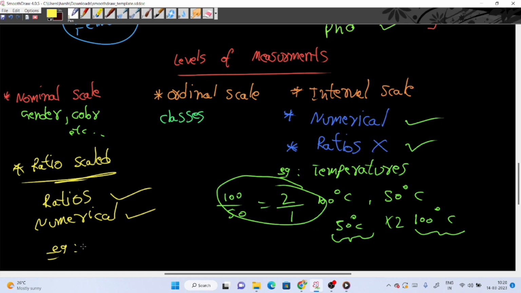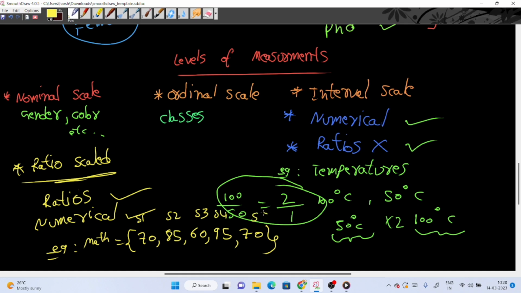For example, there is a subject called math and 5 students got marks such as 70, 85, 60, 95 and 70. These are the data of student 1, student 2, student 3, student 4 and student 5.